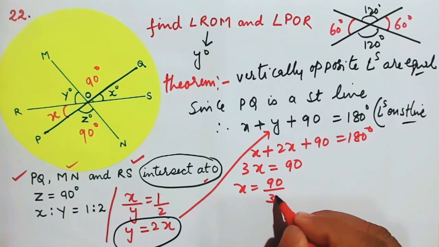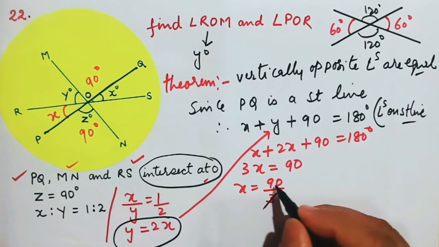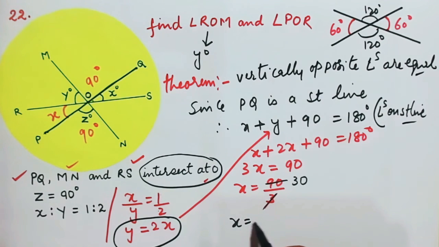How much is that? 3 one times 3, 3 3 times 9. x is equal to 30 degree.